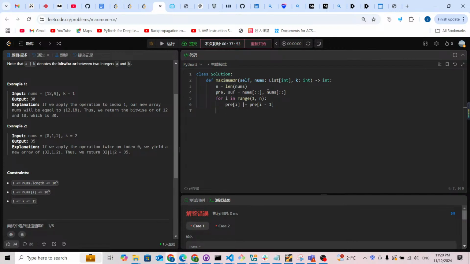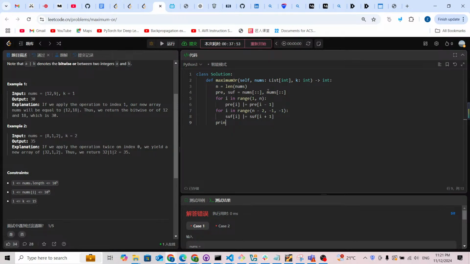And similarly we can calculate the suffix. So for i in range n minus 2, minus 1, and minus 1, this is going to be the suffix XOR. For the suffix XOR, it's going to be similar, so it's going to be suffix[i + 1].